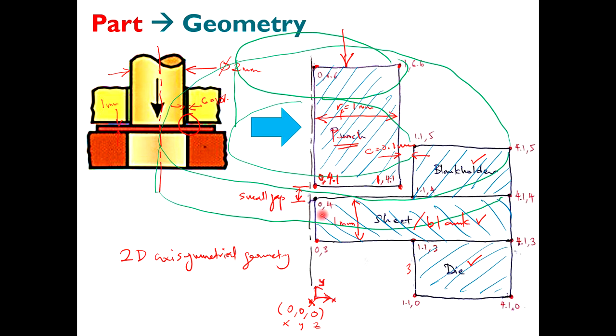In this blanking analysis, we decide to have a 0.1 mm gap. We can also use 0.05 or 0.2, but in this case I just introduce exactly the same as the clearance, 0.1.